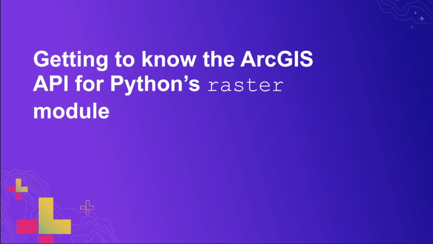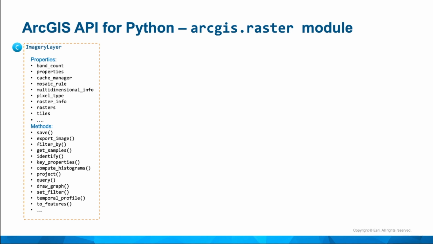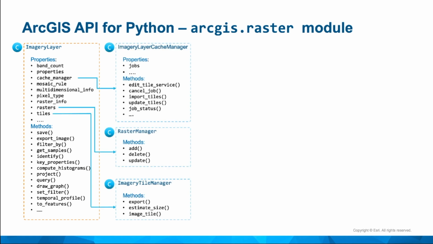So let us take a deeper look at the raster module of the Python API. An important class in the raster module is the imagery layer object. It represents the image service published on the web, and it has properties to inspect various details of the data that you're working with, and it has methods to query, filter, and dice the data. A bunch of manager classes help you to perform content management on your imagery datasets.